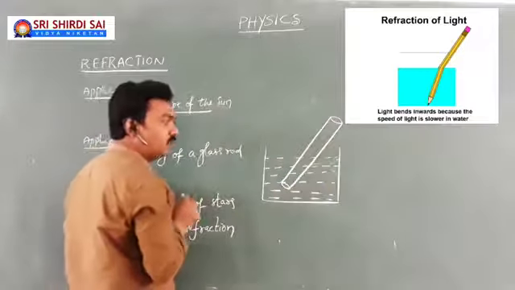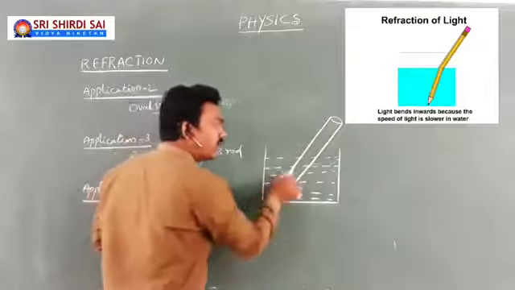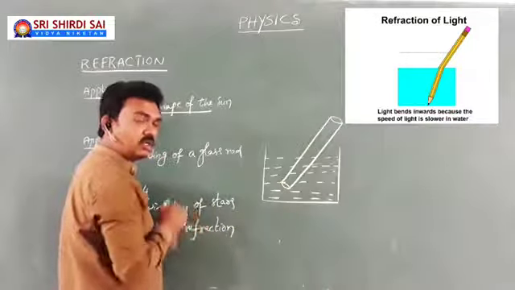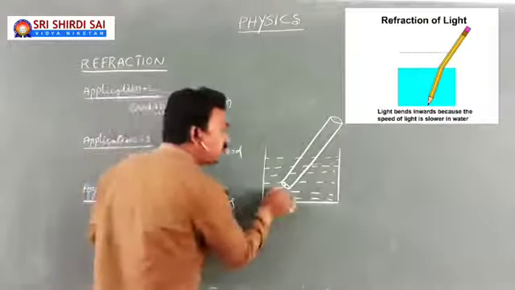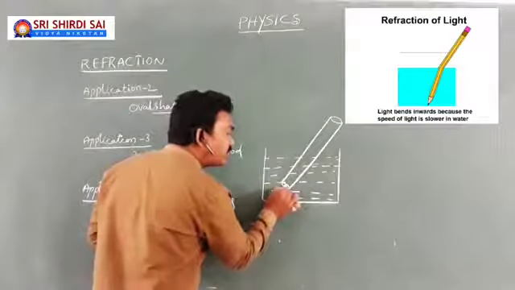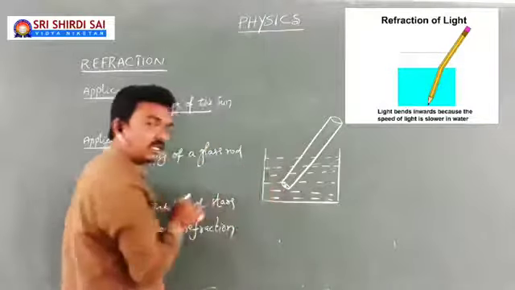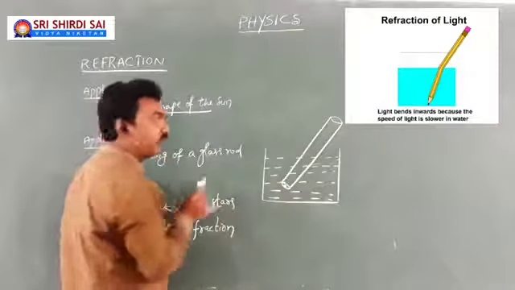Now, usually, when we take an extended object, meaning an object having some size, each and every point in the object will act like a point object. So suppose this end of the rod acts like one point object.